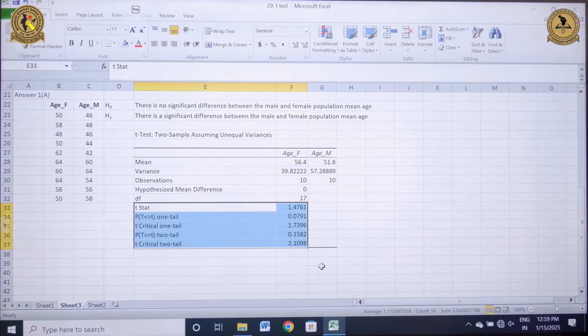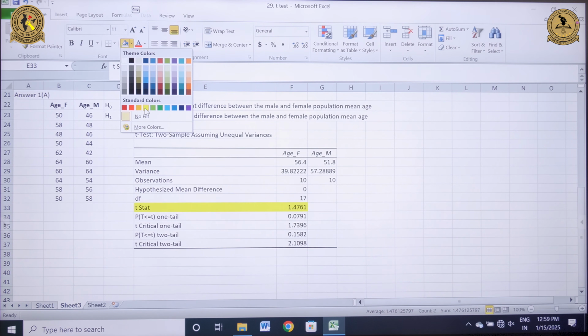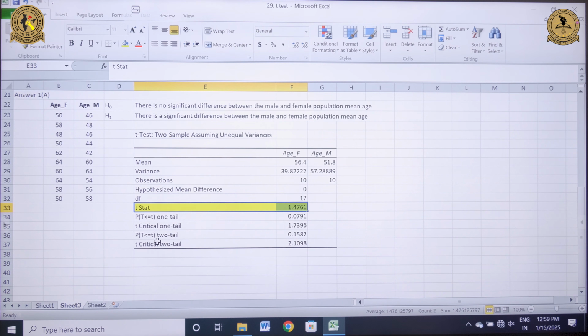Now I can compare my t-statistic with the critical value and make my decision of accepting or not accepting the null hypothesis. Similarly, I can also compare my p-value with the level of significance and take my decision. So in this case, the t-statistic is 1.4761. Let me highlight it. Now it is a case of a two-tailed test, so I need to compare my t-statistic with the critical value of t for the two-tailed test.